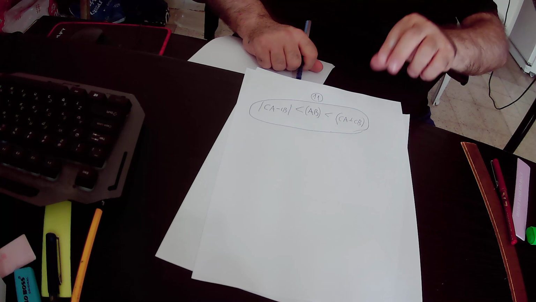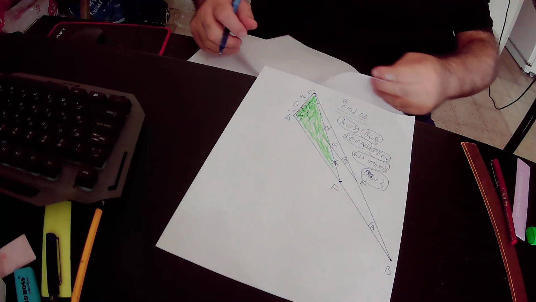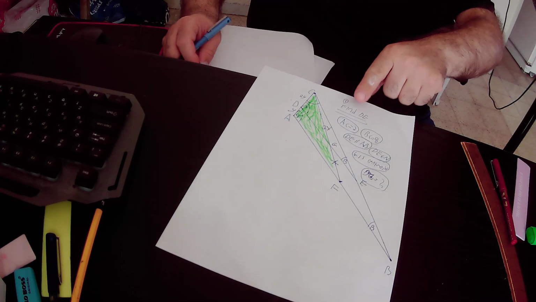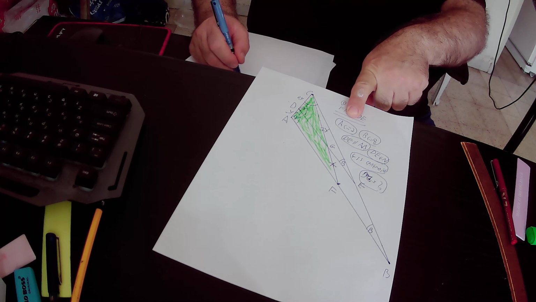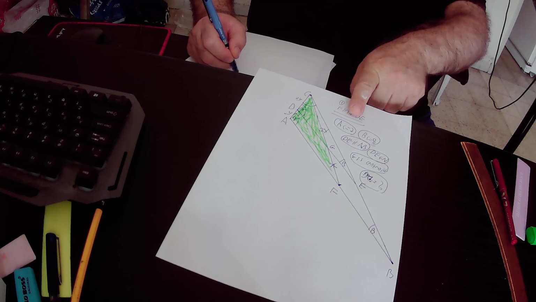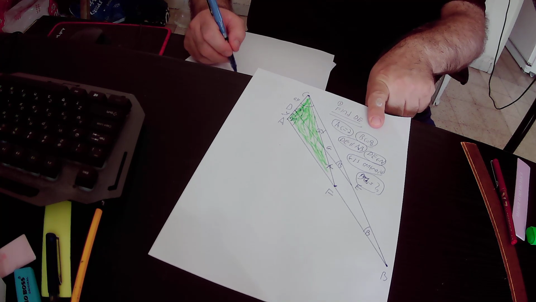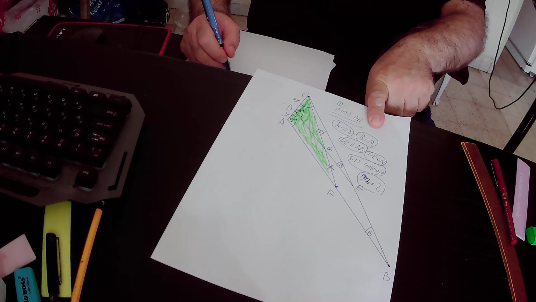So we know that CA or AC equals 2 units, and we know that CB or BC, it is the same, equals 8 units.